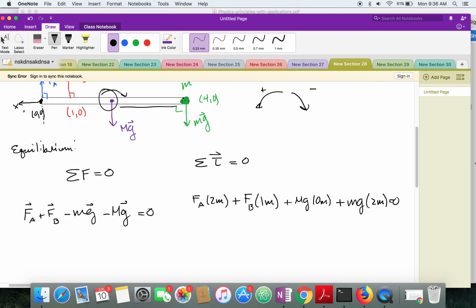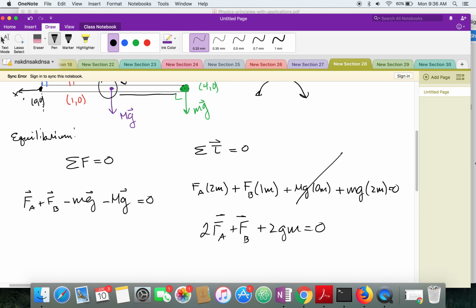Remember, you're measuring everything from the pivot. This is gone because it's times 0, and so what you end up with is 2FA plus FB, sorry, I'm leaving my vector symbols out, that doesn't matter, plus 2mg equal to 0. Okay. And then this is going to be a substitution ultimately.